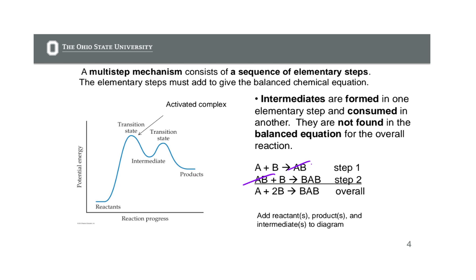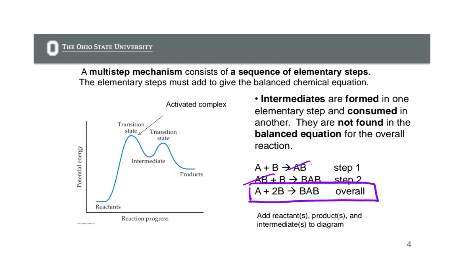So we can add our reactants, products, and intermediates to our reaction progress diagram. For adding things, we're going to mostly be looking at the overall reaction. That's where we're going to identify our reactants and our products.